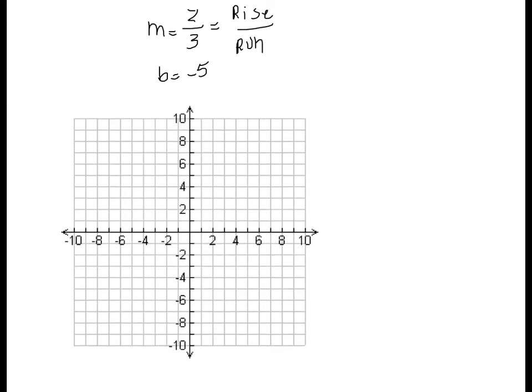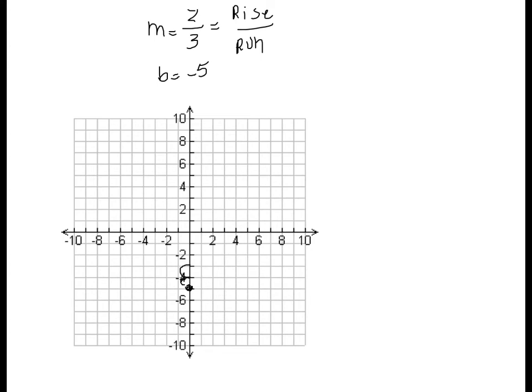So we are going to start with the y-intercept, which is -5, which is this point. Then rise is 2, so we are going to go 2 units up. 1, 2.